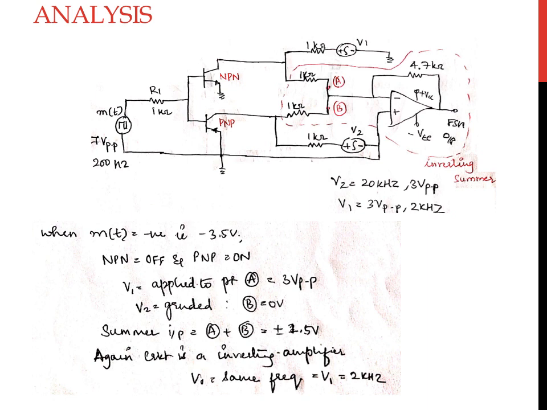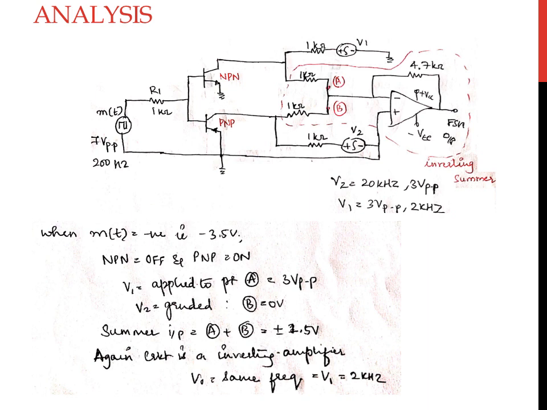The PNP transistor will act like a short circuit and pull the voltage V2 to ground potential, whereas the NPN transistor will act like an open circuit since it is operating in the cutoff region and provide the voltage V1 to the terminal point A.